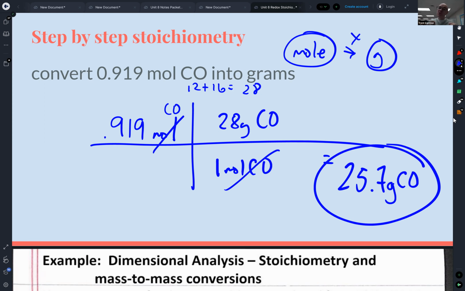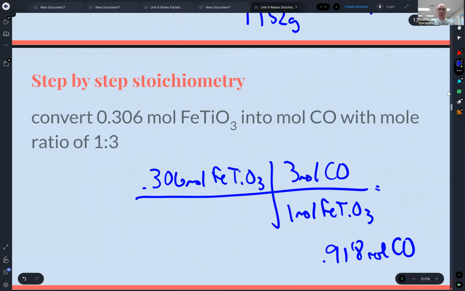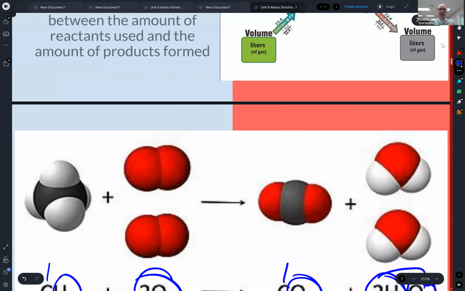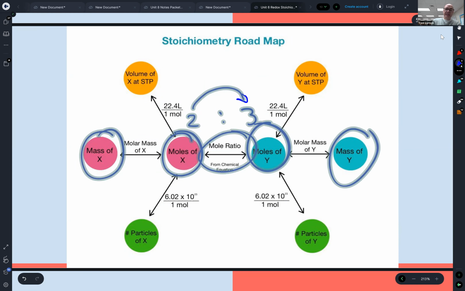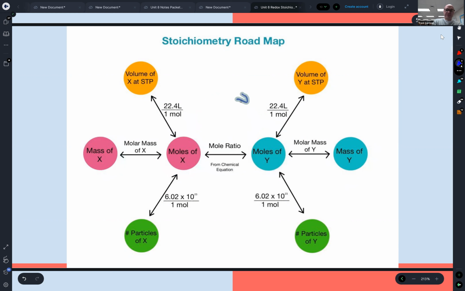Step by step, you just solved a 3-step stoichiometry problem. You just went from the far left side of the mole map on the double mole map into the right side of your mole map. So what you did on this mole map is you converted the starting amount of FeTiO3, you turned it into moles.